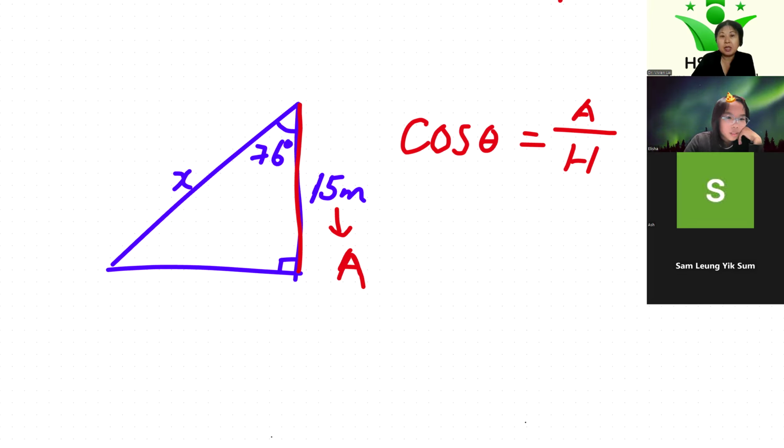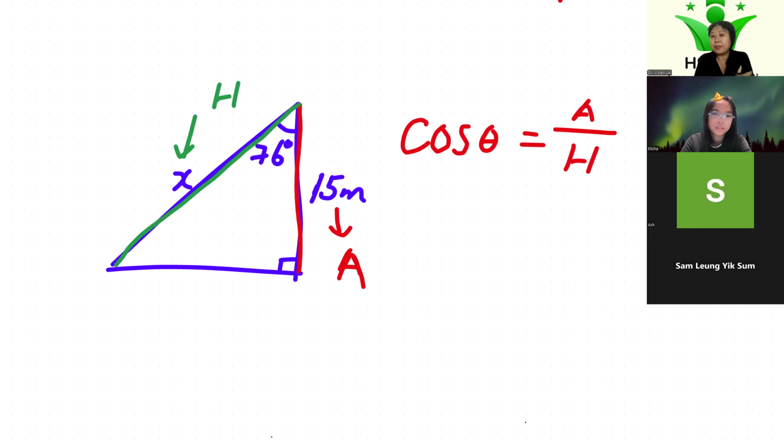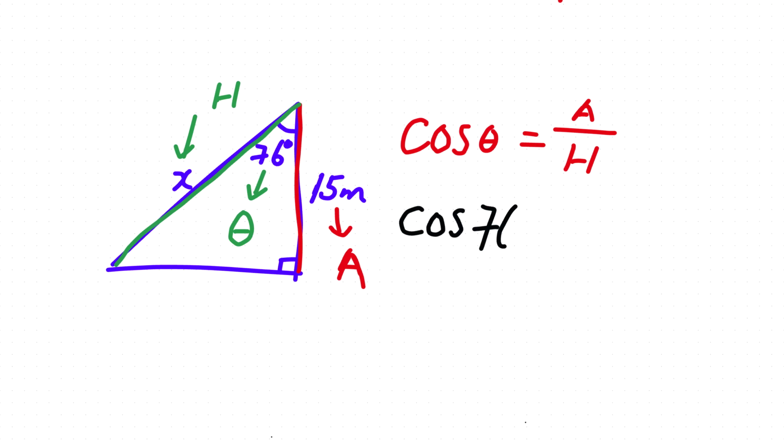So we have A, we have H, so we will be using cosine theta. Our theta, what is it? 76 degree, right? Can you see that? How I identify it? Now let's put it back into practical. We have cosine 76 degree, and then it would be equal to what? Our A is 15. We just put it back to the position. Our H is X.